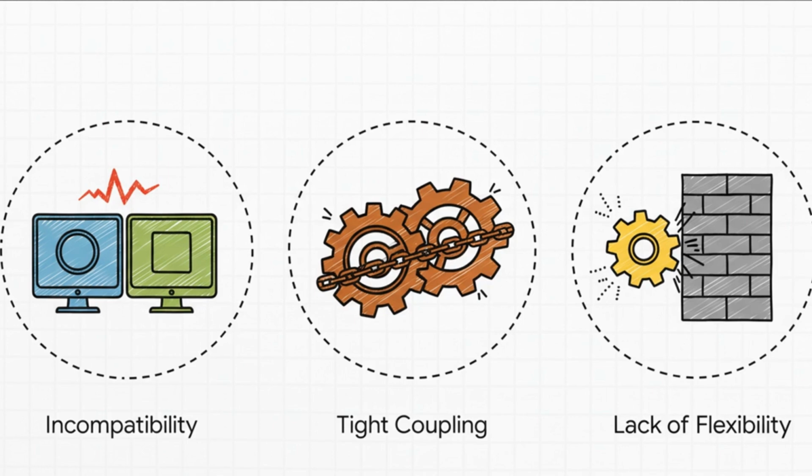You're creating what we call tight coupling, and that, my friends, is a silent killer in big projects. It's when a tiny change over here causes a massive, unexpected explosion somewhere else entirely. Your code becomes brittle, your flexibility is gone, and pretty soon the whole thing is a nightmare to maintain.